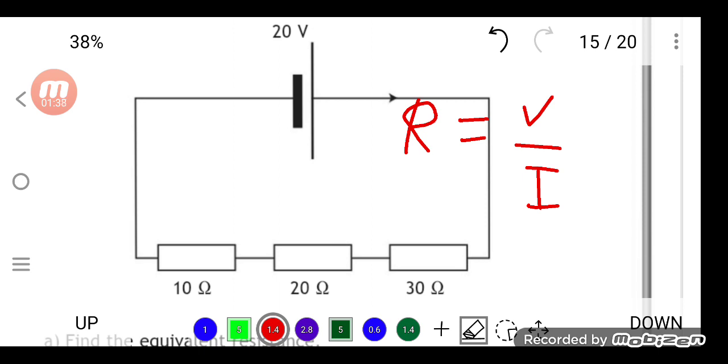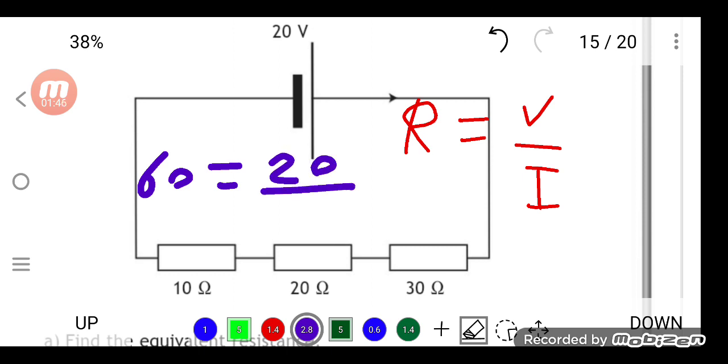So here we see now 60 is equal to total voltage, which is 20, divided by the current, which we want to find. In this case, we cross multiply and find the current. So if you cross multiply, this will be over 1. Then you cross multiply like this.